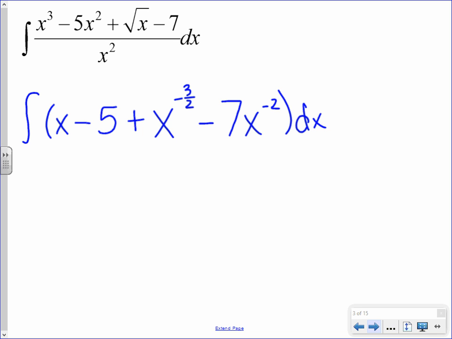The antiderivative of k is kx plus c. So we have x to the first. If we take the antiderivative, what do we have to do with our power? Oh, so it'd be 1/2 x squared. There you go.